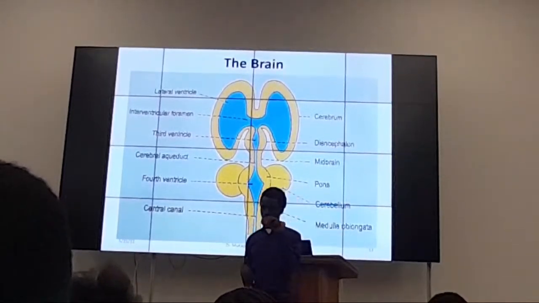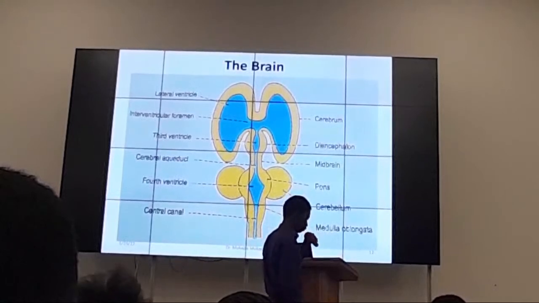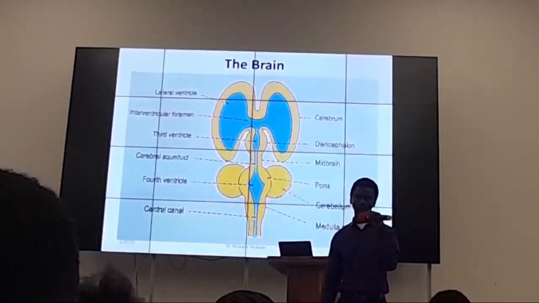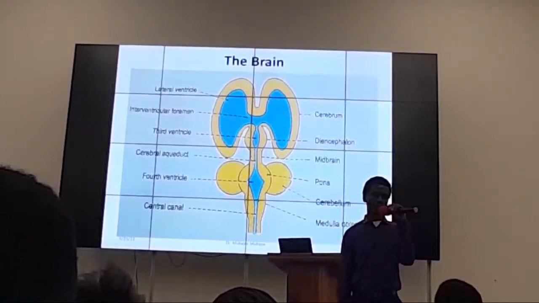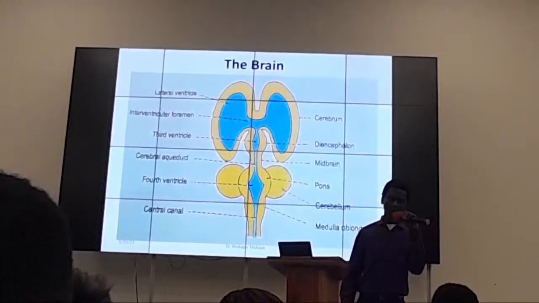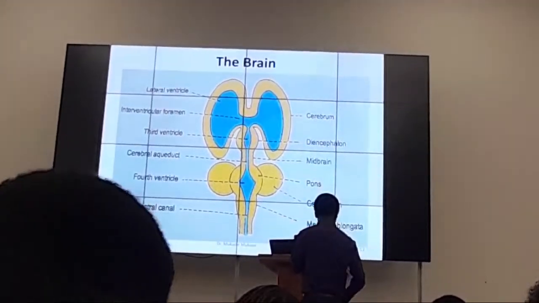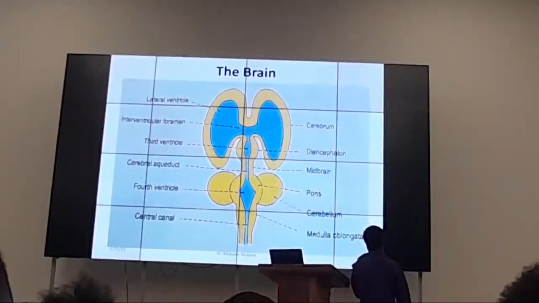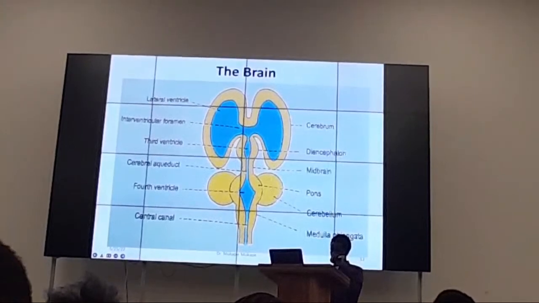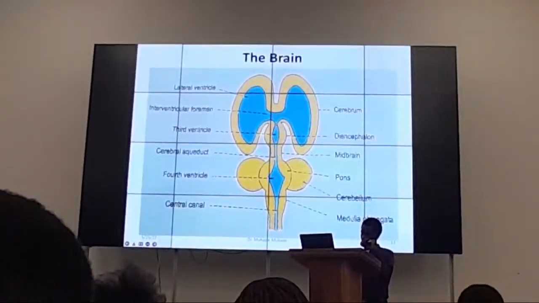Remember from nerve tissue, which cells secrete CSF? Ependymal cells. So ependymal cells line the ventricular system.